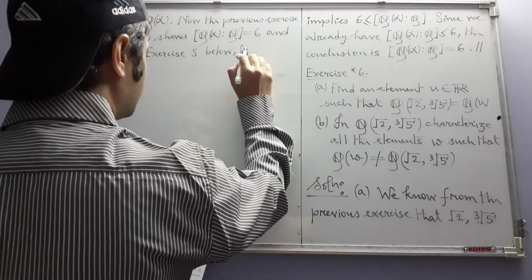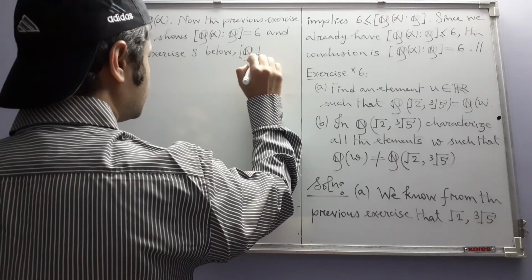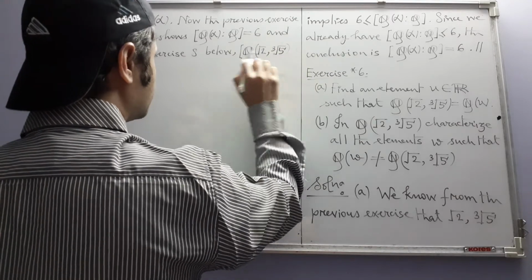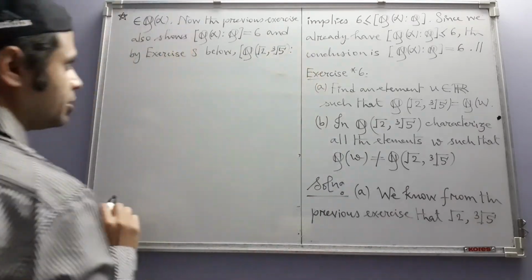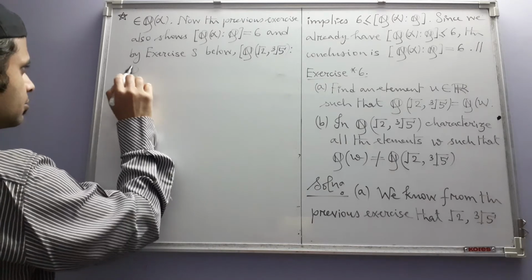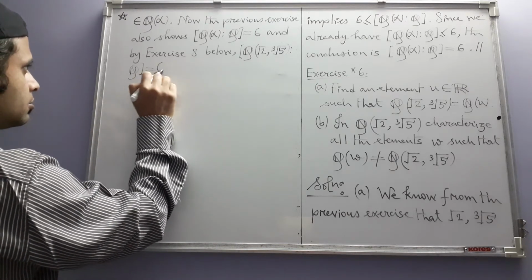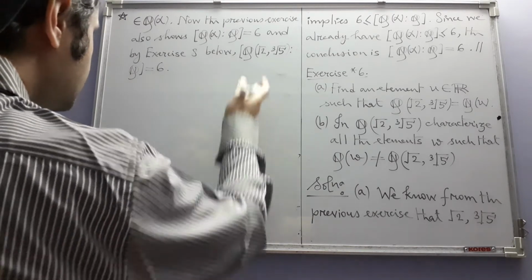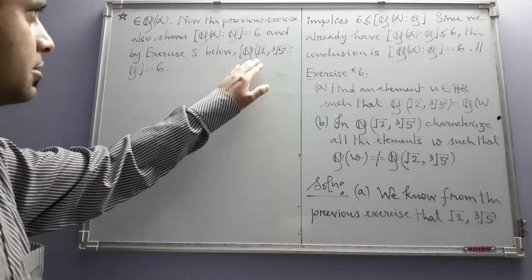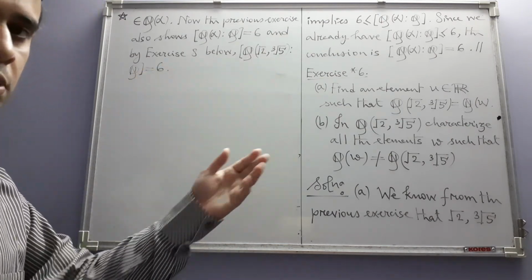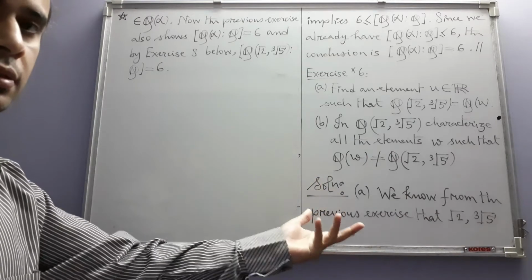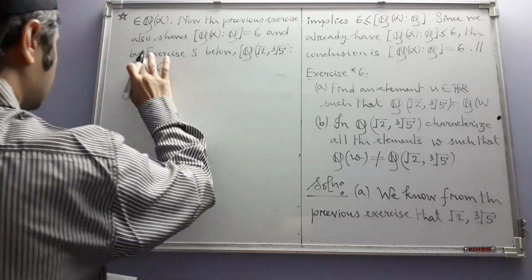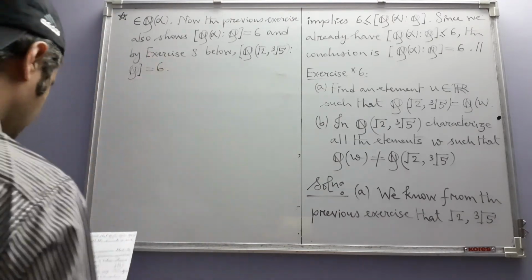By exercise 8 below, the degree of this extension obtained by first adjoining root 2 to Q and then adjoining cube root of 5 to that extension over Q is equal to 6. Okay, this degree is equal to 6. And in exercise 8 we are going to prove this, which is again some solution like these things that we have been seeing here. So it's nothing really very difficult or unfamiliar.